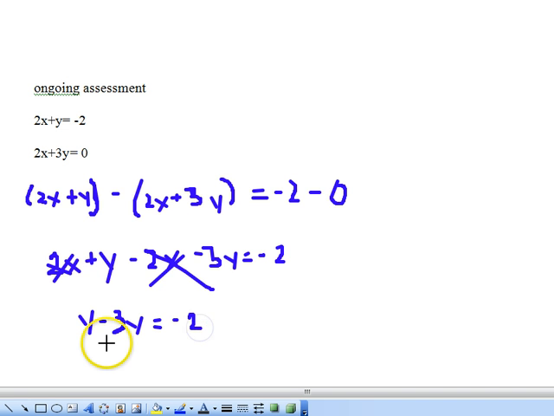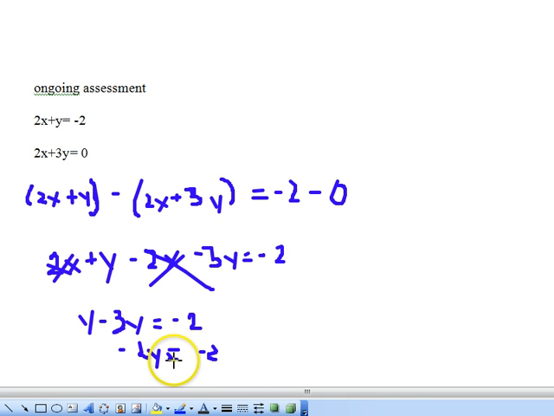And then y minus 3y, so that is 1 minus 3, which is negative 2. So negative 2y is equal to negative 2.